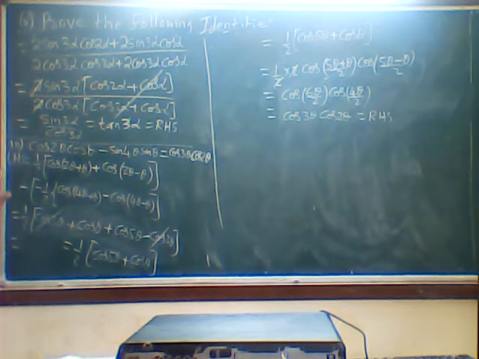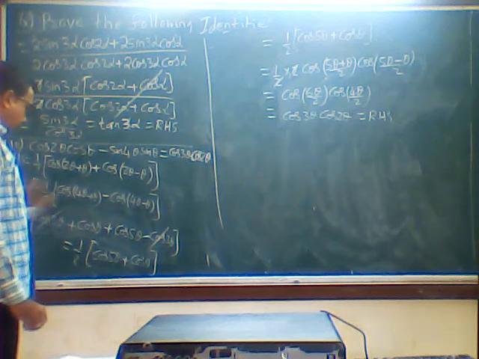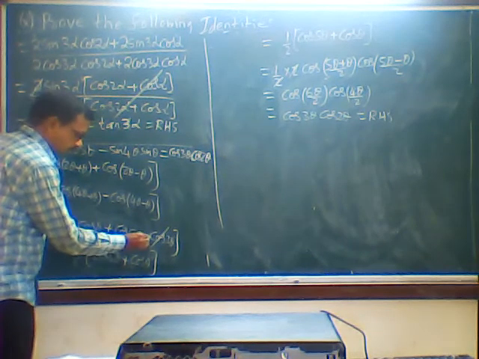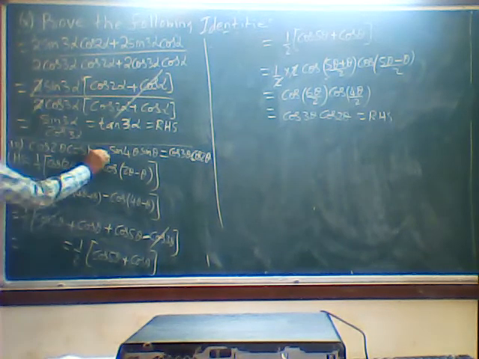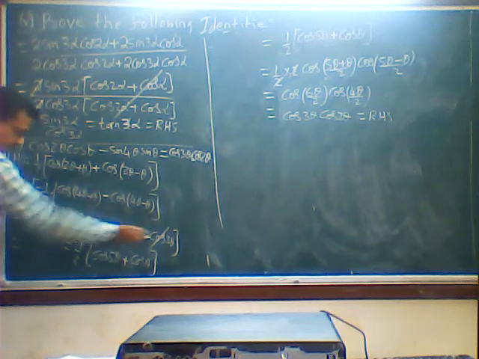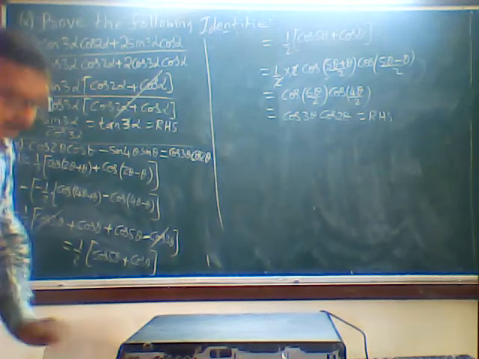Otherwise, if you have a confusion, the minus into minus becomes plus and it is over. This minus is outside, now it will become plus. Plus into minus is minus, minus into minus is plus. In this formula, minus into minus plus is over, then minus will come as it is. So this is that answer.